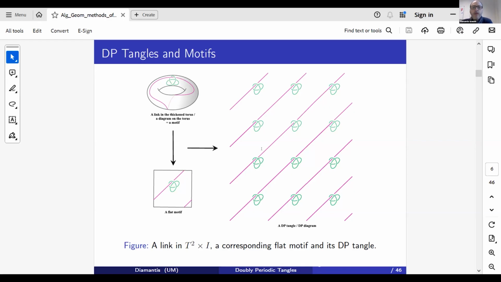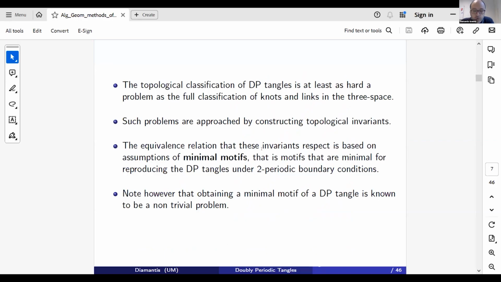Okay, so the next thing now is the following. We want to understand a little bit how deep rectangles are related one to the other. So we want to understand how isotopy or equivalence, if you want, can be translated in terms of moves on the diagrams. And in general, we can easily see that the topological classification of deep rectangles is harder, I should say, when it comes to the problem of the classical classification of knots and links in 3 space.